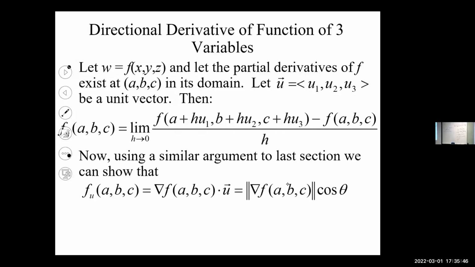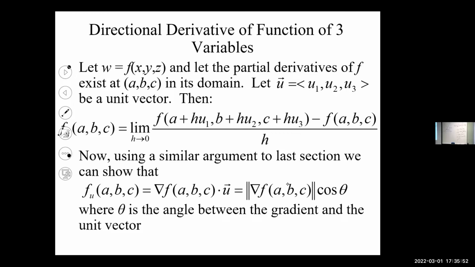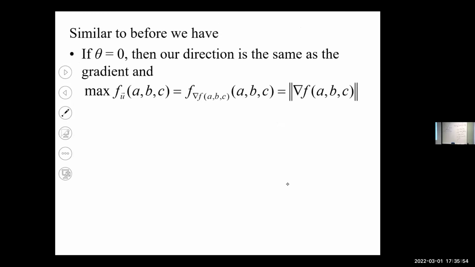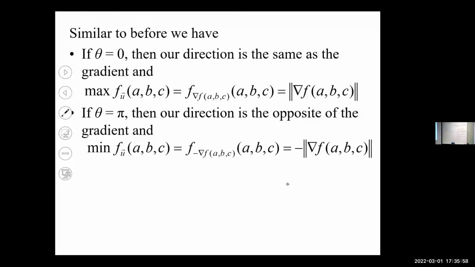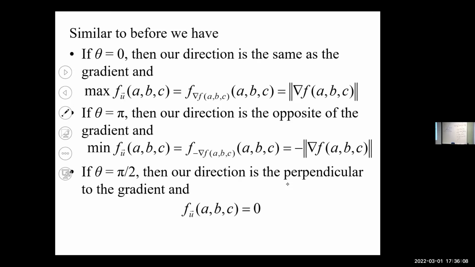Same exact definition. Nothing changes at all, except for one small interpretation, but all this is still the same. The max still gives the maximum rate of change. The negative of our gradient still gives the steepest descent, direction and magnitude. And finally, again, if they're perpendicular, it's 0.